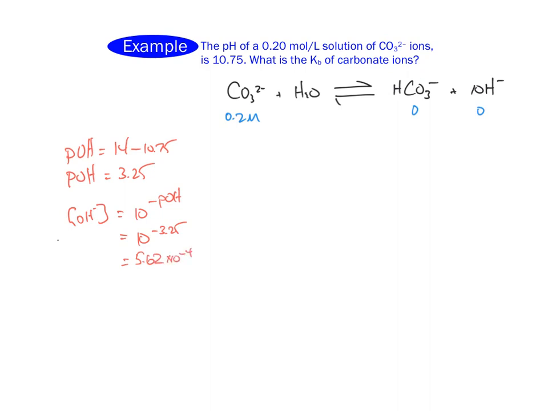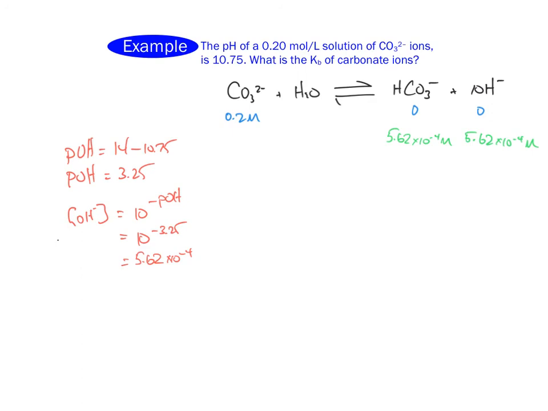That represents the hydroxide ion concentration. So because that represents the hydroxide ion concentration, that can become the at-equilibrium concentration of the hydroxide ions. So we could put 5.62 times 10 to the negative 4 moles per liter here. Of course, we also know that the same thing is going to be here because of the 1-to-1 molar ratio. And the same thing is going to be subtracted from the initial concentration of the carbonate ions.